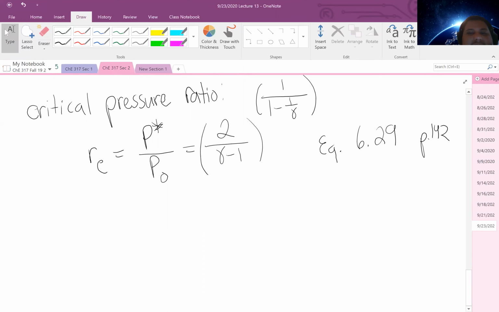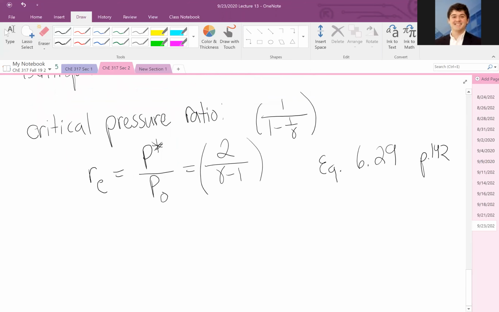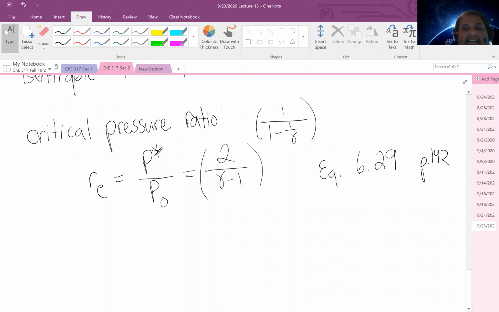Unfortunately, reality is all the compressible expression equations are a little messy, so I will give you their locations in the text that you can review. That'd be a little neater than my handwriting. That 1 over 1 minus 1 over gamma, that's a power of that 2 over gamma function, correct? Yes, correct. This is a power function. Thank you.